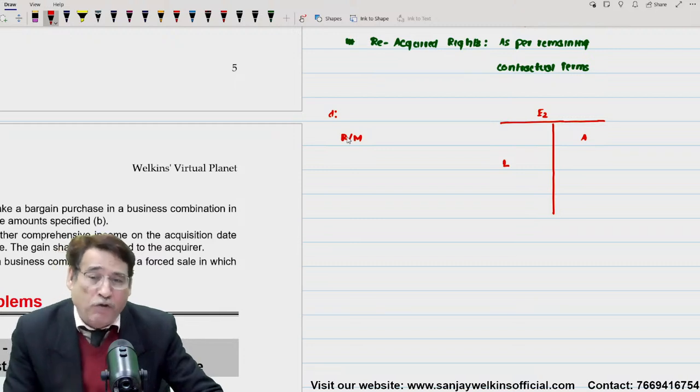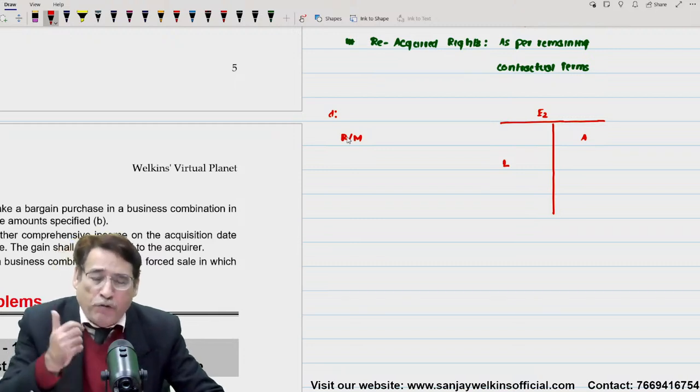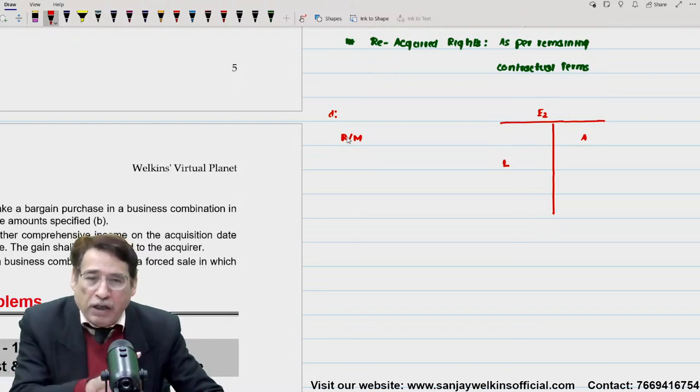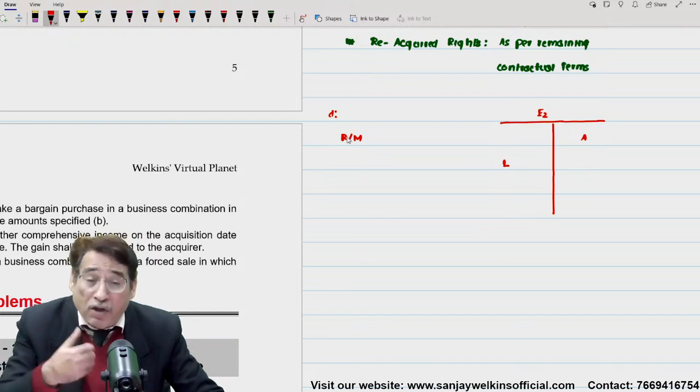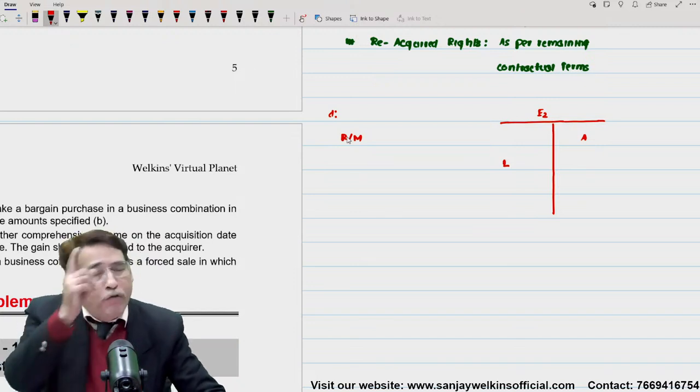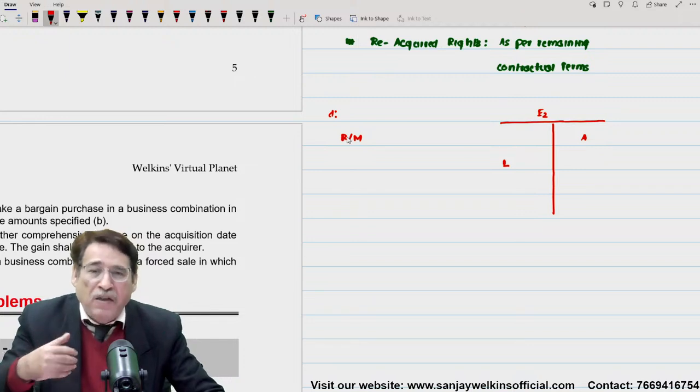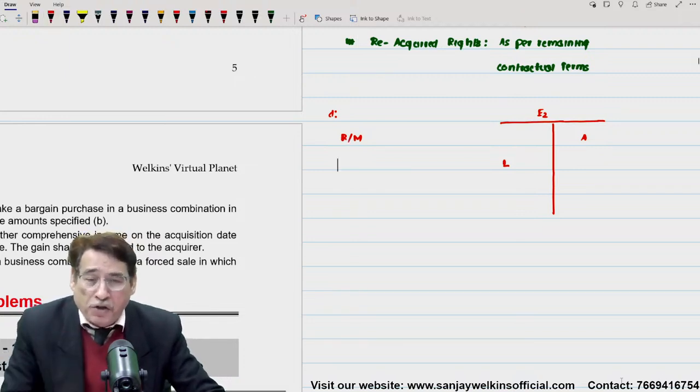I hope you got the particular point. You got the difference between the first one and this one. In the first one, contingent liability was also not appearing in the balance sheet, but we will have to record them. But we are going to record them at fair value. Because it was not recognized, but we are recognizing, that is why it becomes a case of exception to recognition principle.